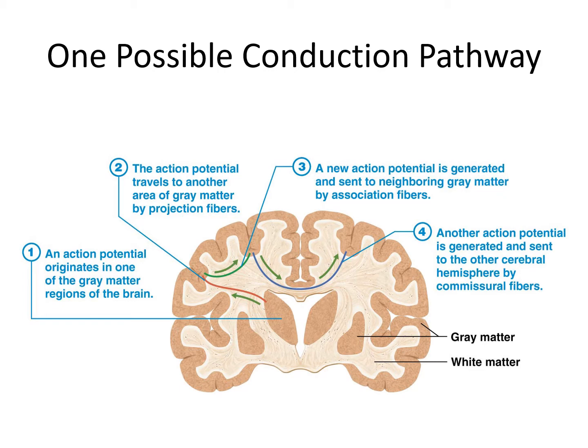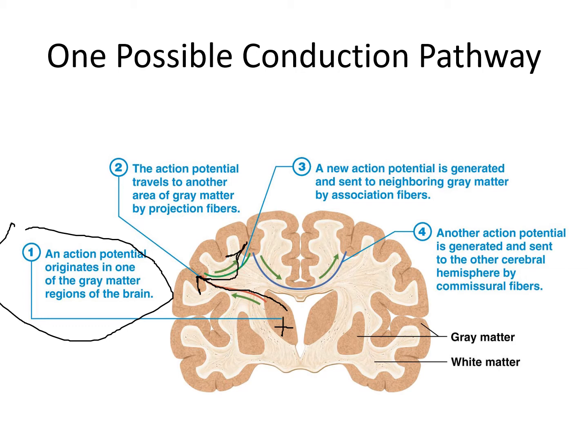Okay, so for example, this is just a possible scenario of a conduction pathway that might occur within the brain. If we look at number 1 here, we see an action potential originates in one of the gray matter regions of the brain, right here. The action potential travels to another area of gray matter by the projection fibers, so along this route here. A new action potential is generated and sent to the neighboring gray matter by association fibers. So it goes here.